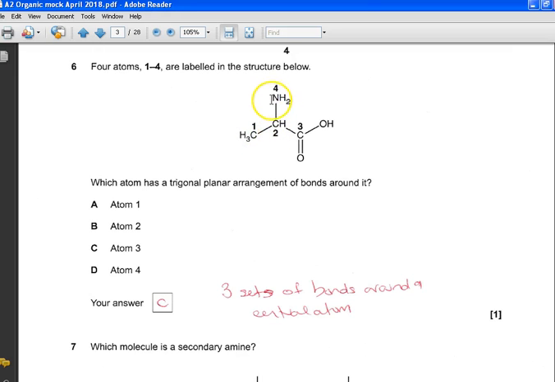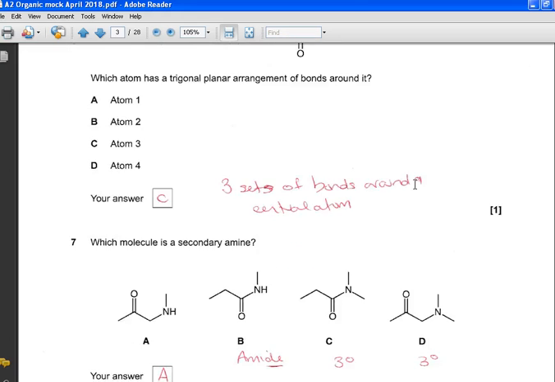This nitrogen you may think is trigonal planar, but of course nitrogen has a lone pair which squashes it together, so it won't be trigonal planar. It will be, what do they call it, bent, or I can't remember what they call it in OCR. Anyway, it's not the nitrogen.